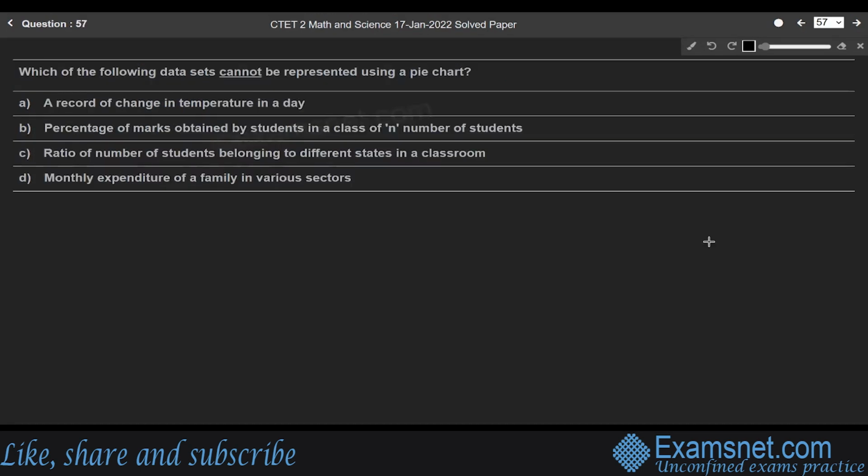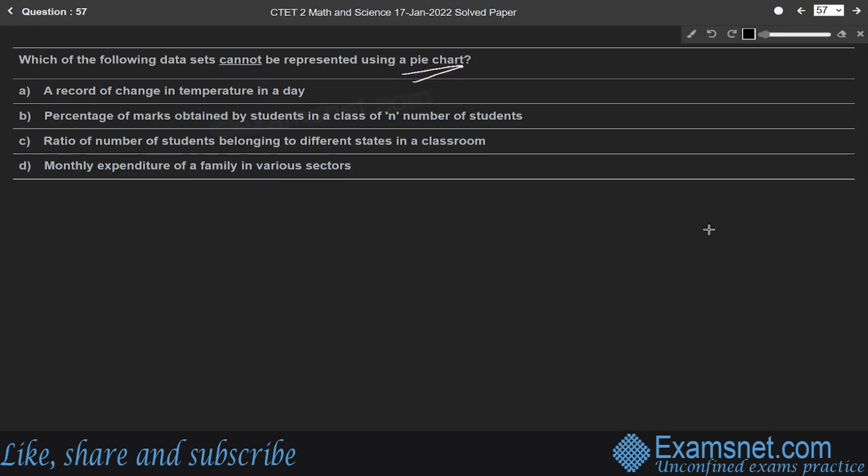Question 57. Which of the following data sets cannot be represented using a pie chart? So a record of change in temperature in a day, percentage of marks obtained by students in a class of n number of students, ratio of number of students belonging to different states in a classroom, monthly expenditure of family in various sectors.